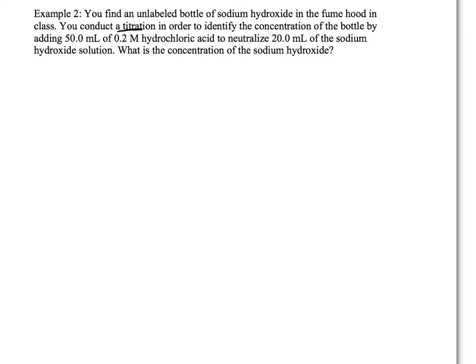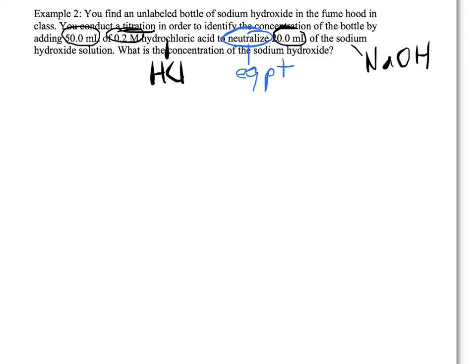So you conduct a titration by adding 50 milliliters of 0.2 molar hydrochloric acid to neutralize, buzzword, equivalence point, 20 milliliters of sodium hydroxide, NaOH.